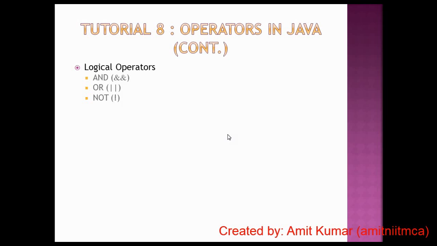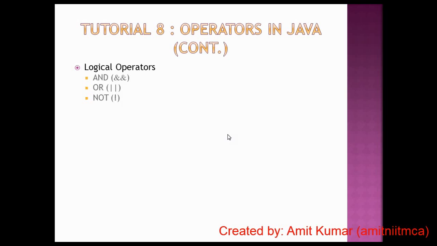The operands of logical operators are booleans. So that's why I'm saying they can be used to combine two relational operations. AND and OR are used to combine because they are binary operators. But NOT, which is a unary operator, is used to complement the relational operation.